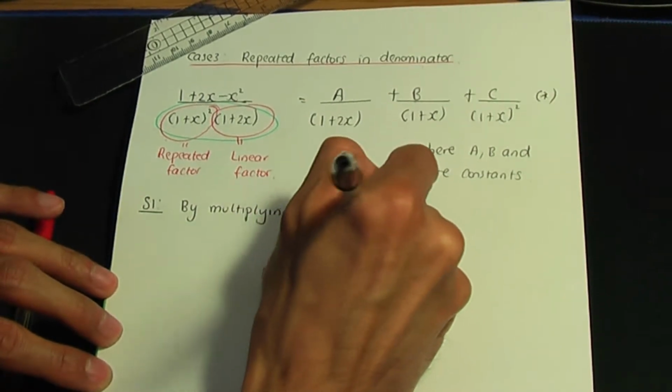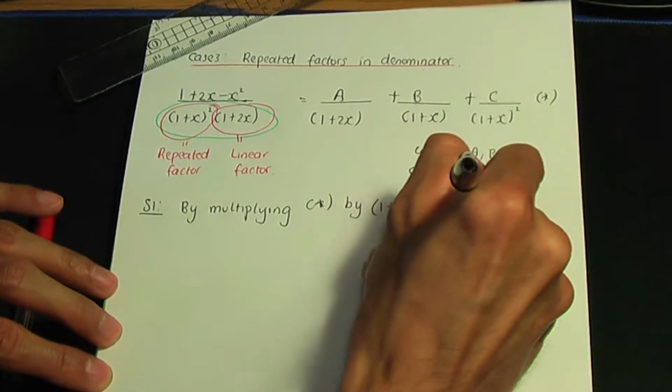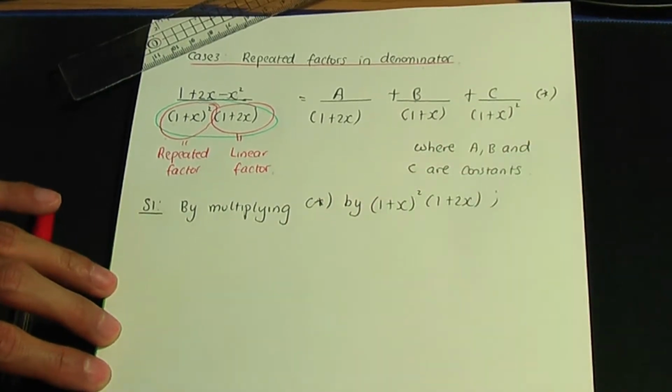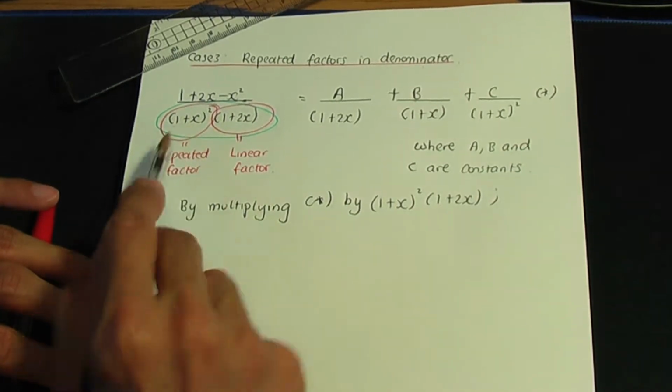So by multiplying star by (1 plus x) squared into (1 plus 2x), let's multiply this entire equation by that term.